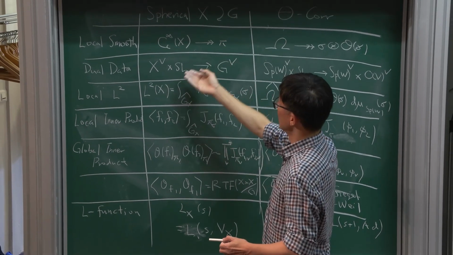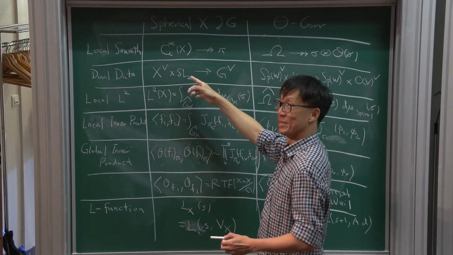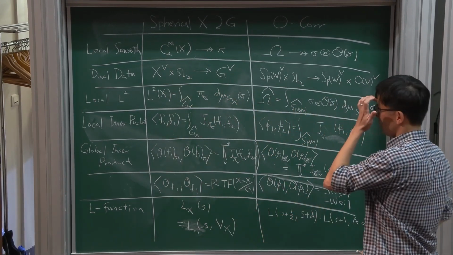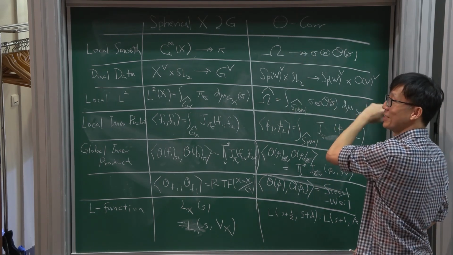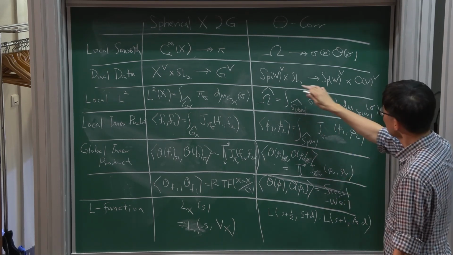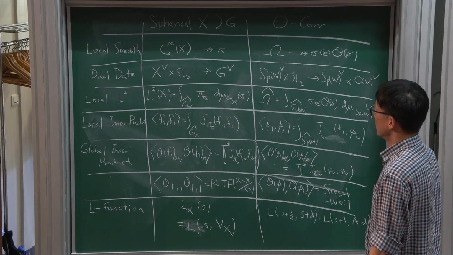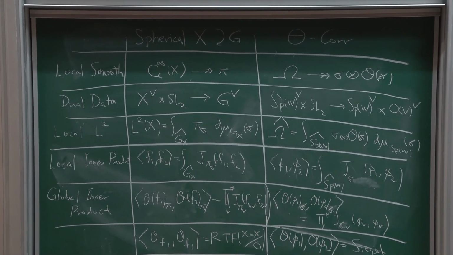In relative Langlands, there was a dual datum. Okay, there's a dual group of X, and there's supposed to be a map like that. And in the Theta correspondence case, yes, the answer is, I didn't get to it, but in fact, from the local, anyhow, there's also something like that. So anyhow, you can see that there's somehow a parallel, okay?